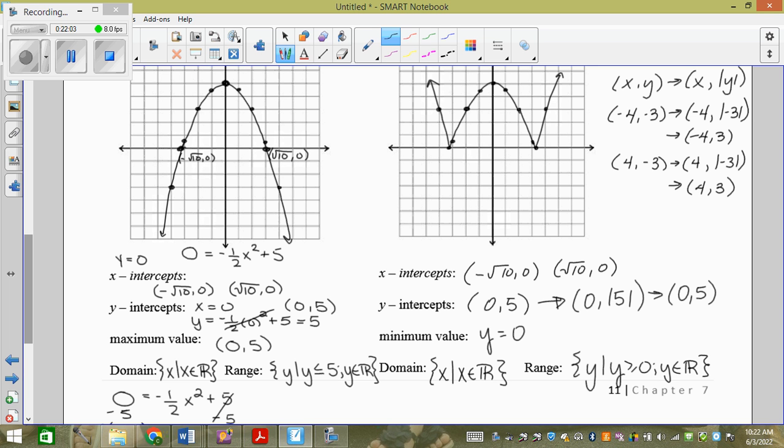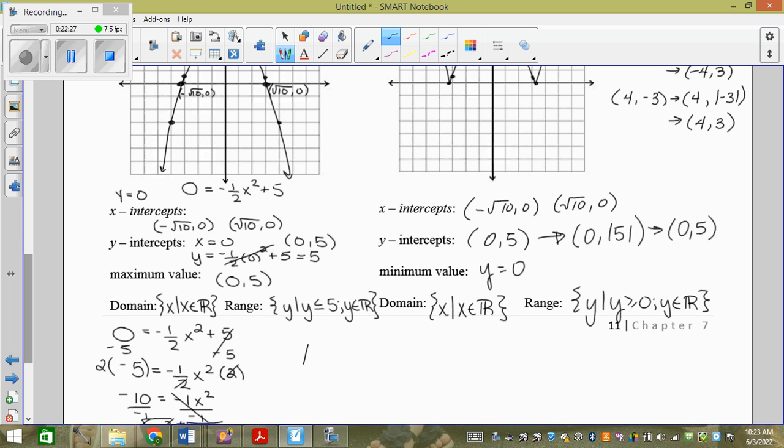So, the homework for this one, 7.2. I want you to do page 376, number 5B. Number 6 will say sketch the graph of the absolute value of 2x minus 6.